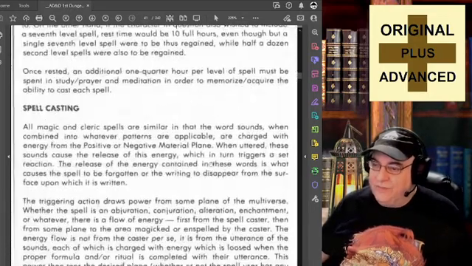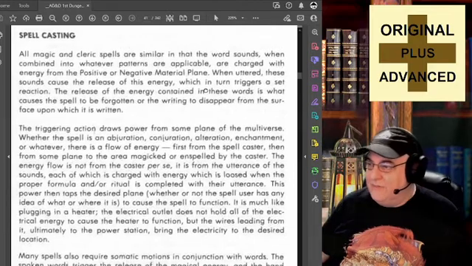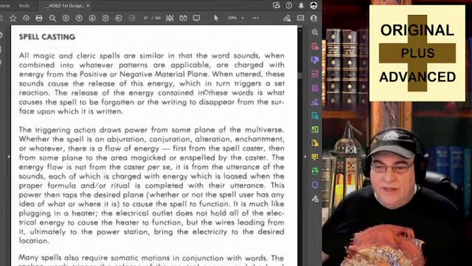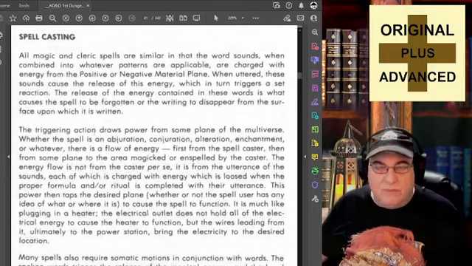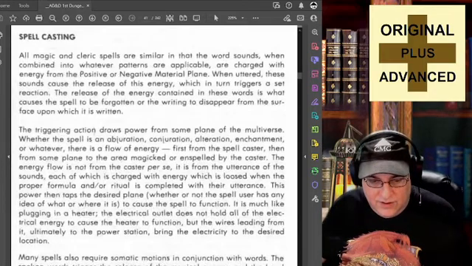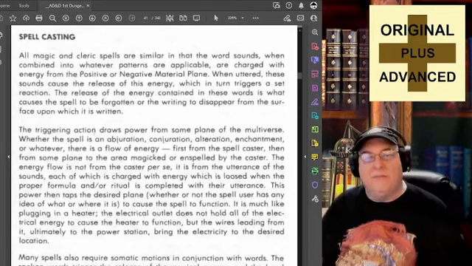So, spellcasting. Pretty simple. Had to create some sort of system by which it would work.